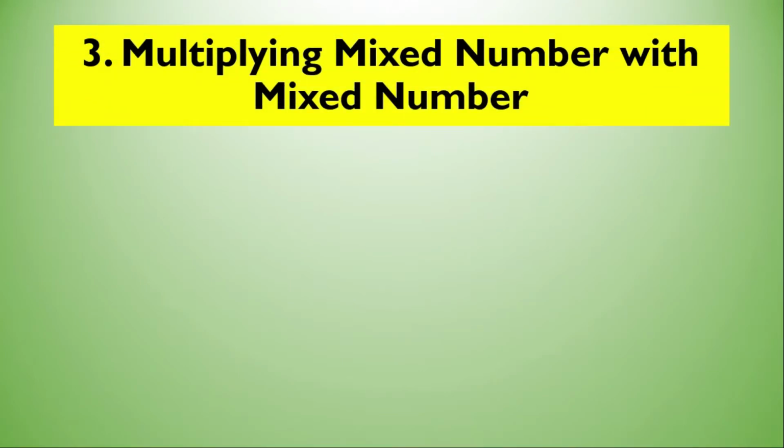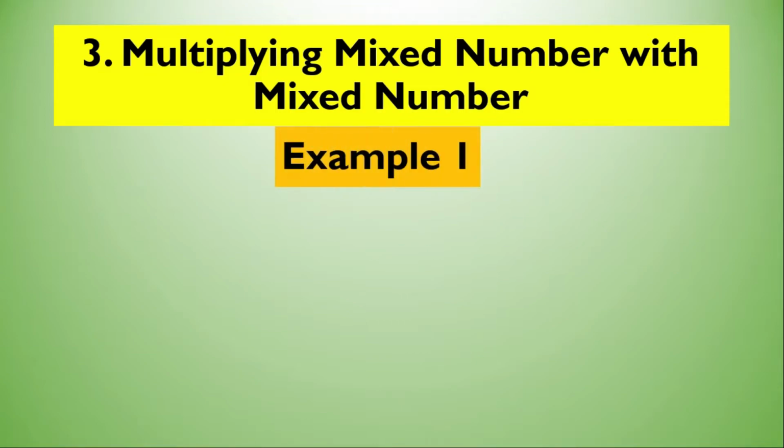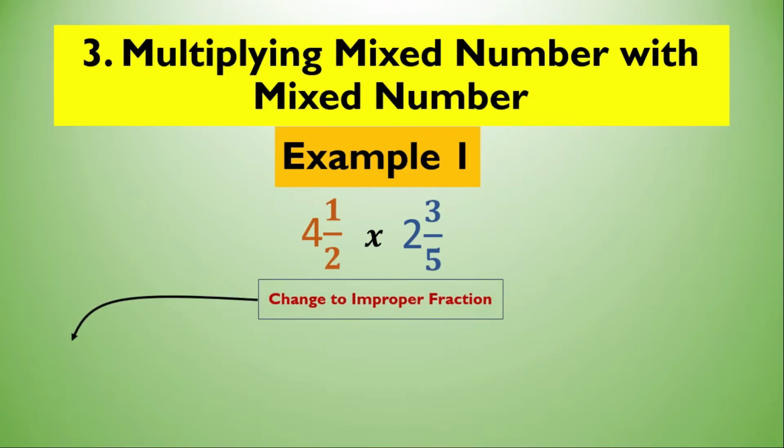Our third discussion, how to multiply mixed number with mixed number. 4 and a half times 2 and 3 fifths. First, change both into improper fractions.